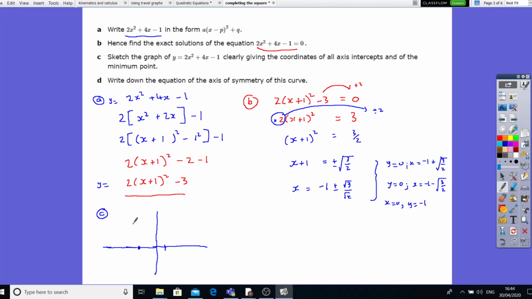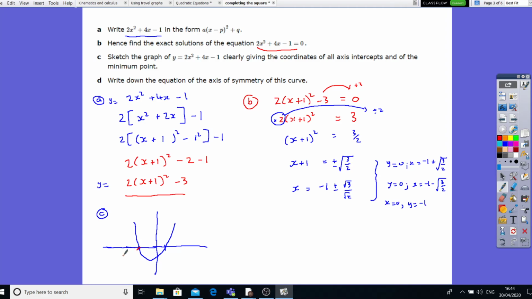So now we can sketch this a parabola. So it's going to go down, then up, like this. Okay, so I've got the coordinates written here where they cross the axis. So I'm just going to quickly write here.